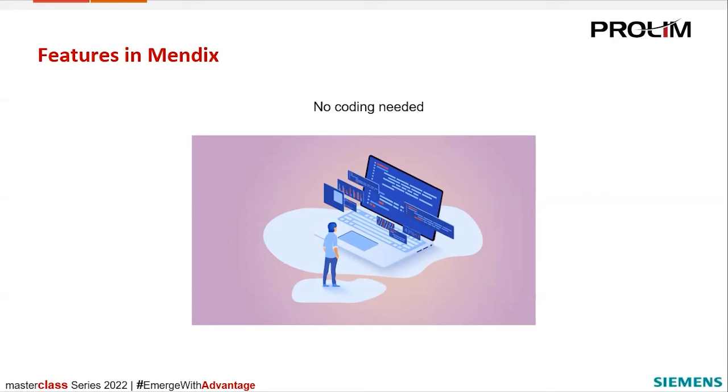You can reduce the time, and it produces all those things in a very short period of time with less cost, and you do not need many developers with coding knowledge. So it is like no coding needed at all.